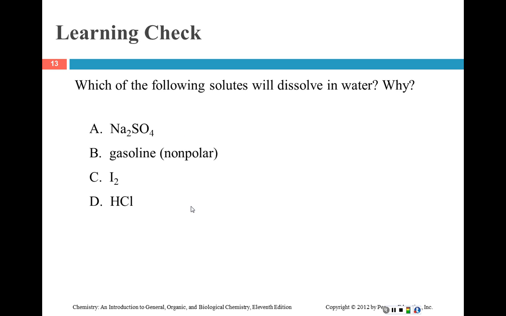Which of the following solutes will dissolve in water and why? Okay, so these you need to look and see what you think. Sodium sulfate is an ionic compound. Okay, and by definition, an ionic compound is going to form ions when it's put in water, right? Gasoline is nonpolar. Will that dissolve in water? No, because it's nonpolar and it has to be polar or ionic to dissolve. What about I2? Is that polar?